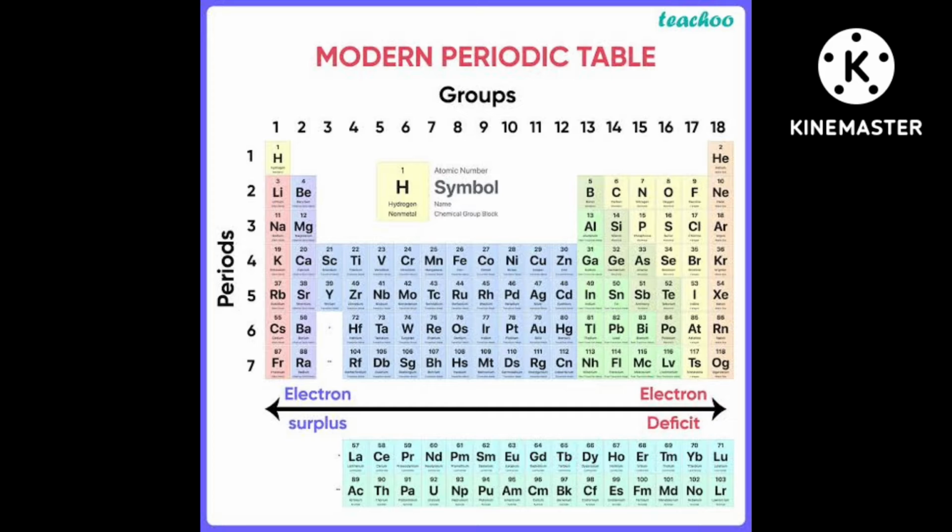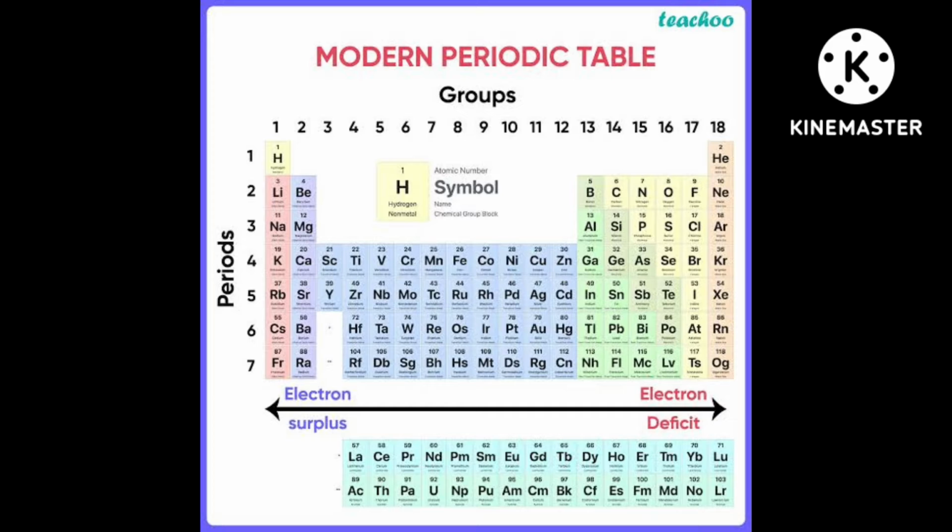I told you that in the Mendeleev periodic table, a modification was done. And what was the modification? In Mendeleev's table, atomic weight was considered. But in the modern periodic law, atomic number is considered.